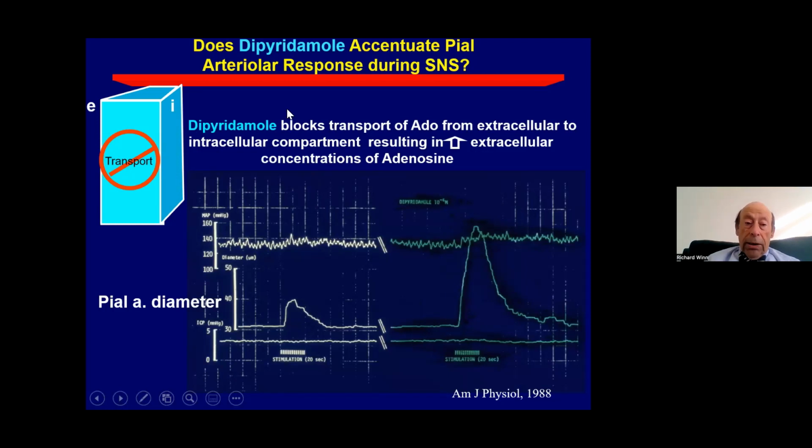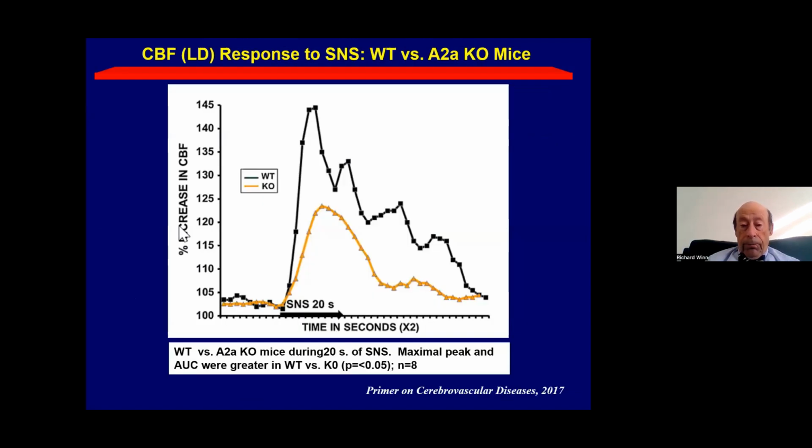And here's during dipyridamole, you can see control response and then a significant augmentation in adenosine related vasodilatation, as the adenosine that's excreted from the cell is no longer avidly taken back up. It hangs around longer. Therefore, we get a greater vasodilatation and a longer effect.